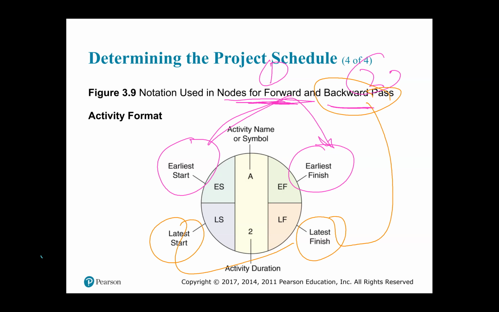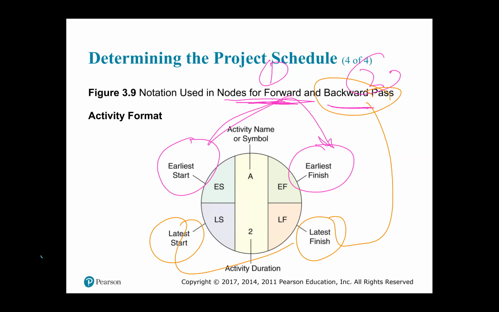So again, we make two passes through the network, a forward pass, where we determine our earliest starts and our earliest finish. The second pass is the backward pass. What do we determine on the backward pass? Our latest start and our latest finish.